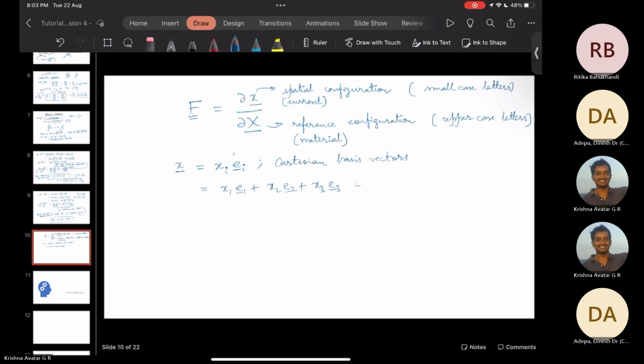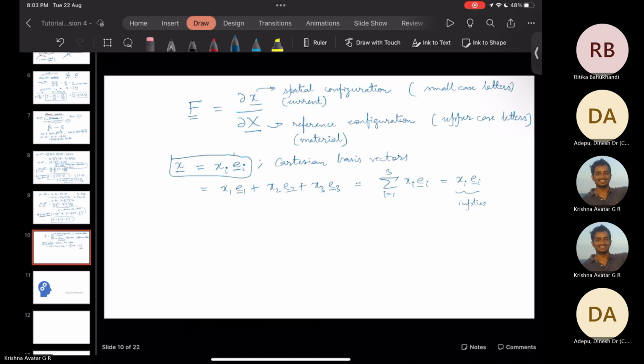So effectively, when we use summation notation, it's equivalent to the sum over i equals 1 to 3 of xi ei. Then there is a convention called Einstein's summation convention, which implies this can be shortened further as xi ei. So if we have a subscript repeated in one term, it simply means that we are performing a summation over it. That's why I have used this very compact notation here.